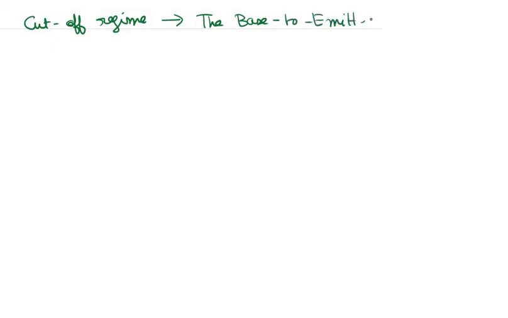So the cutoff regime, let me write it here. In this regime the base to emitter junction is in cutoff. So basically the base to emitter junction is not in a conducting state.